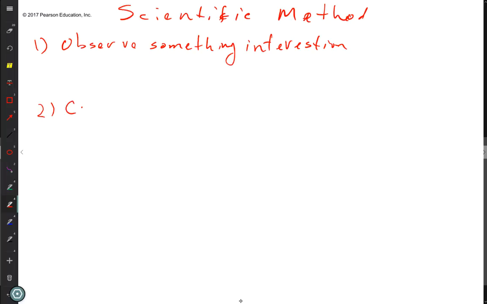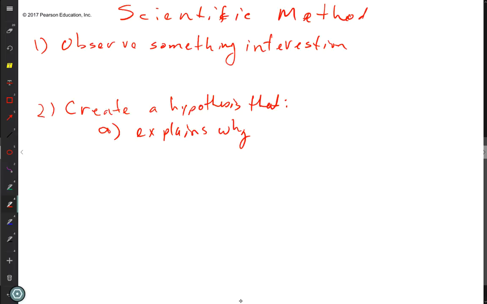Okay, create a hypothesis, and that hypothesis has to do 3 things. It explains why the observation occurred. Right? If it doesn't explain anything, it's not useful to us. What else? It has to be testable, has to make testable predictions.